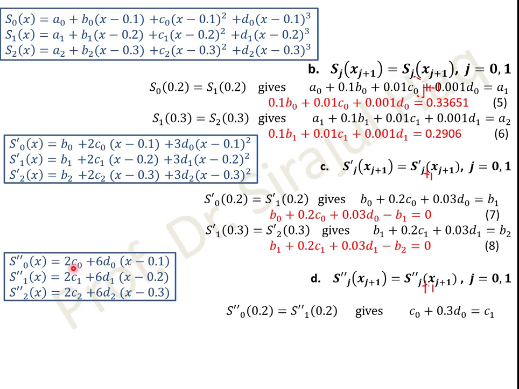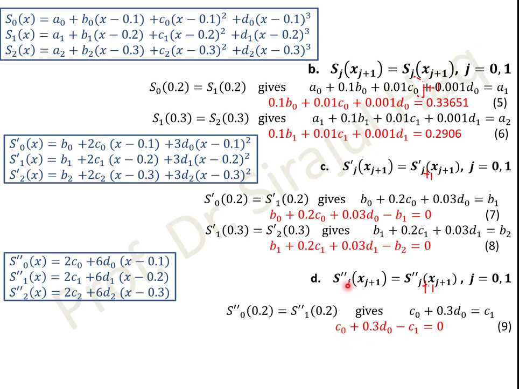So 2c0 plus 6 into 0.1 d0 is equal to 2c1, and taking 2 common and cancelling that out, we end up with this equation, and transferring c1 to the other side, we get equation number 9.